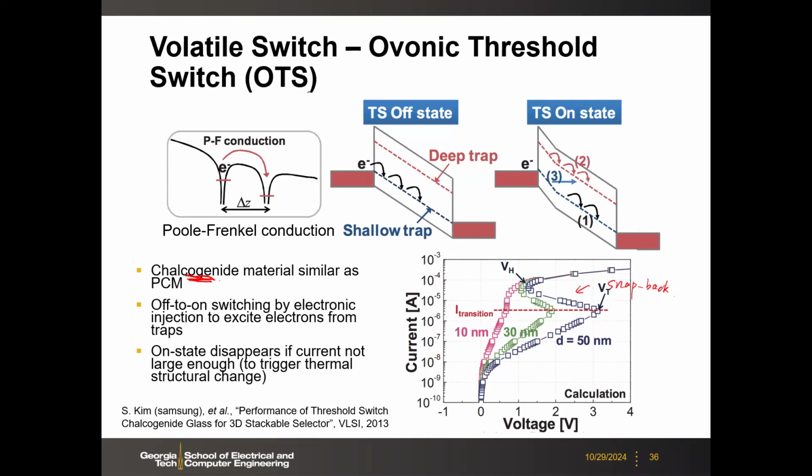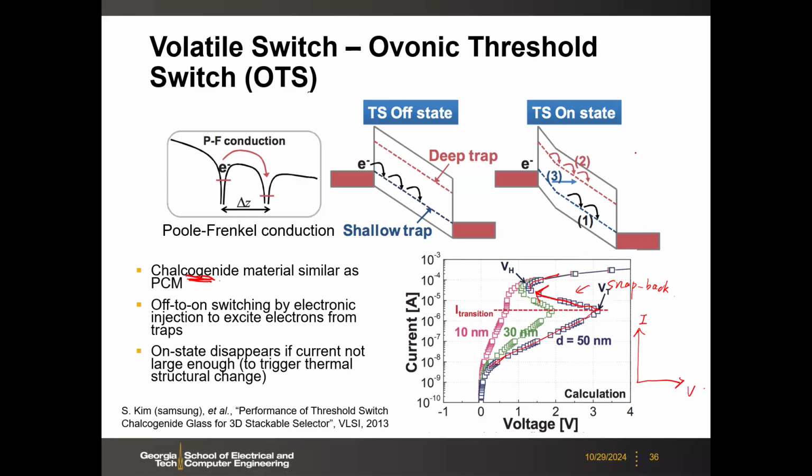So here you see that as you ramp up the voltage, at some point it will have this kind of snapback and then go to the on state. Okay, so the reason you see this S shape versus N shape, I need to spend a few more words on this IV plot.